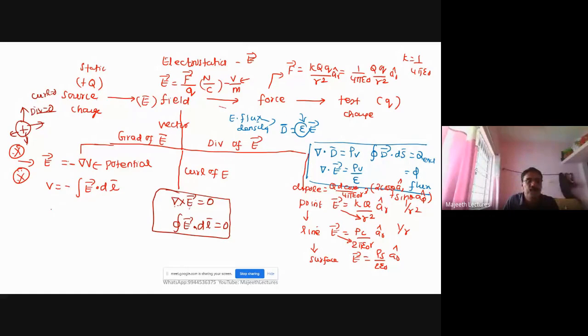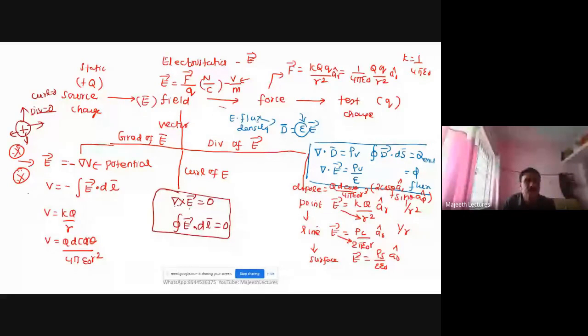So potential due to point charge is given by V is equal to KQ by R. Fine. And potential due to dipole, only these two are very important, that you can see as QD cos theta divided by 4 pi epsilon naught R square.